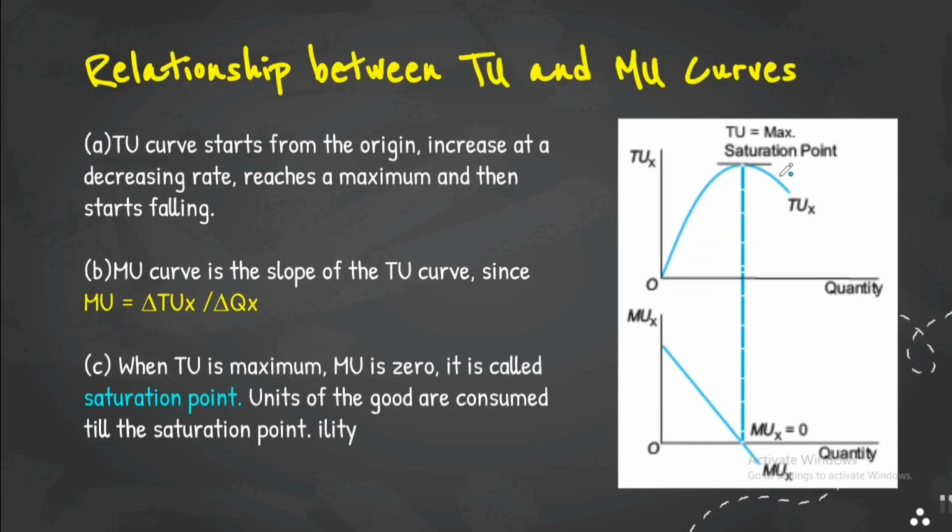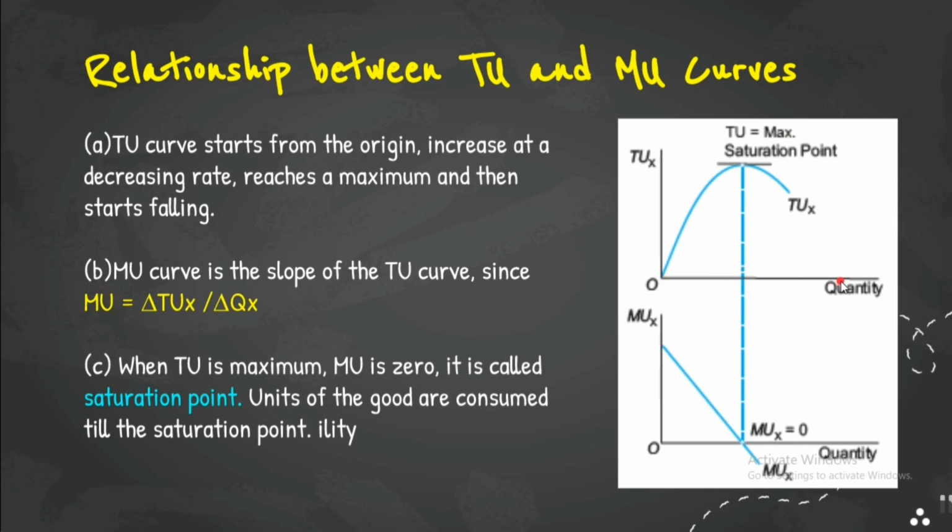Okay, then the relationship between total utility and marginal utility curves. Basically, the law of DMU explains all about this relationship. So you can see this in this graph. You can see what the total utility is at the beginning. It is starting from the origin, because if you don't consume anything, you will not have any amount of utility, right? So it is starting from zero.